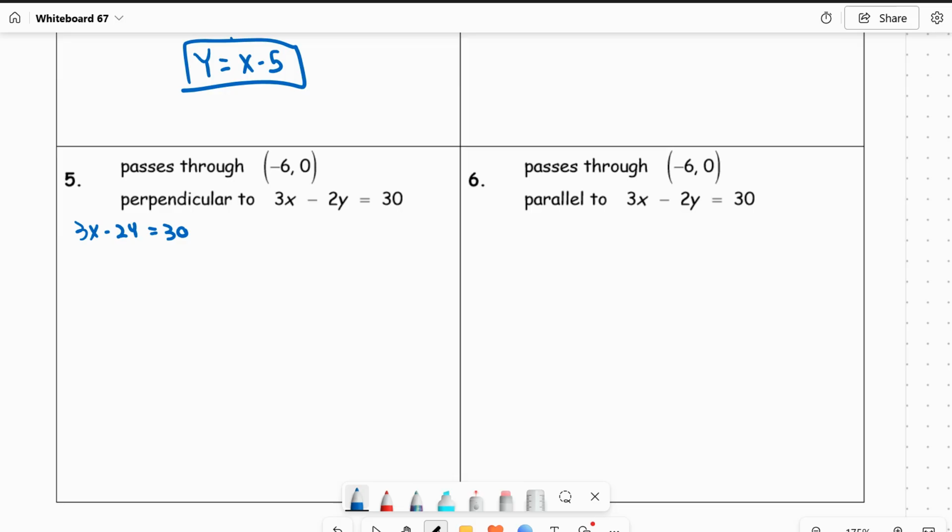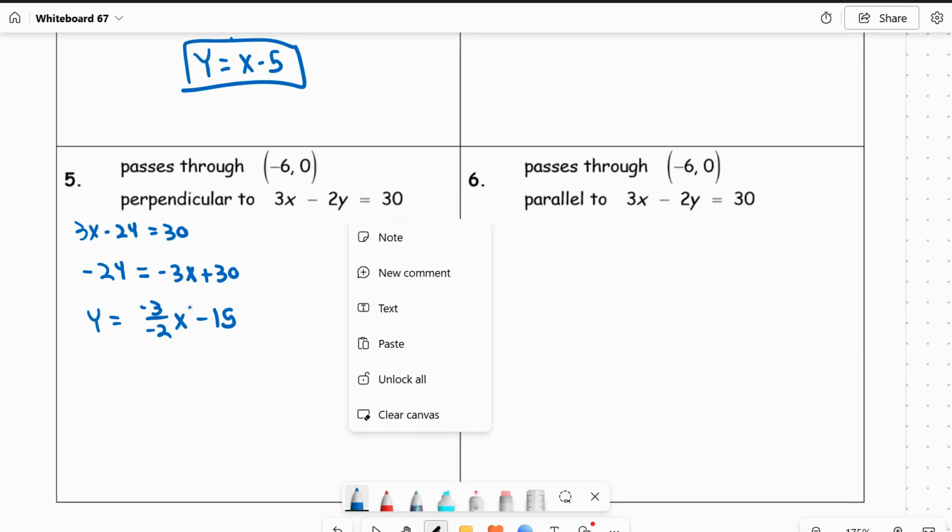And I'm going to go ahead and solve for y. So I'll start by subtracting 3x from both sides. So that's going to give me negative 2y equals negative 3x plus 30. Now I'm going to divide by my coefficient of negative 2. That's going to give me y equals negative 3 over negative 2 x minus 15.